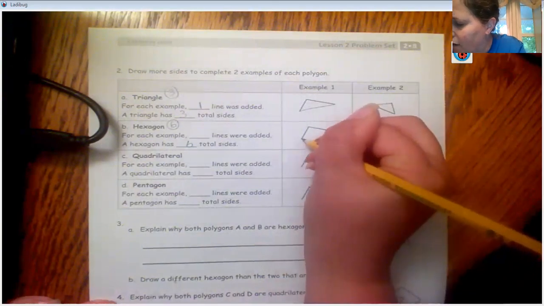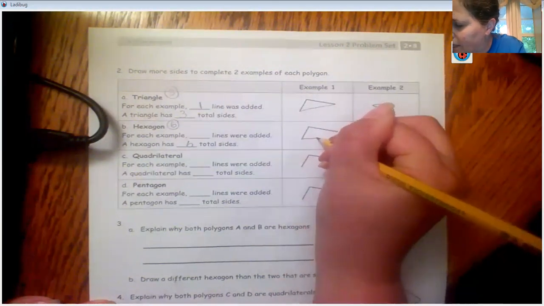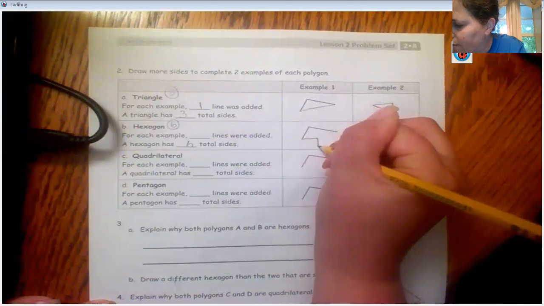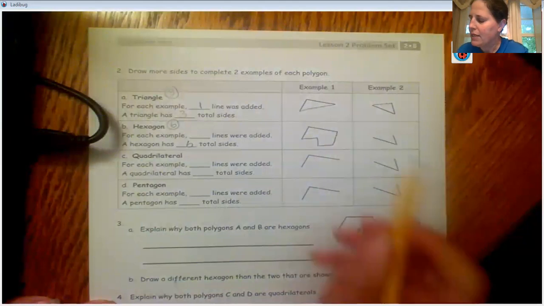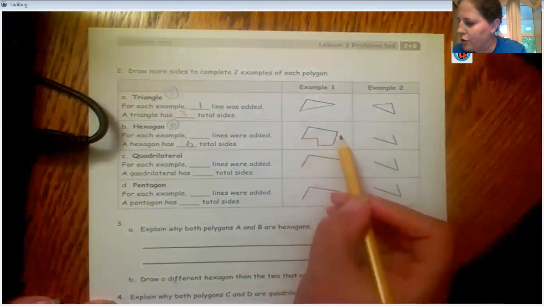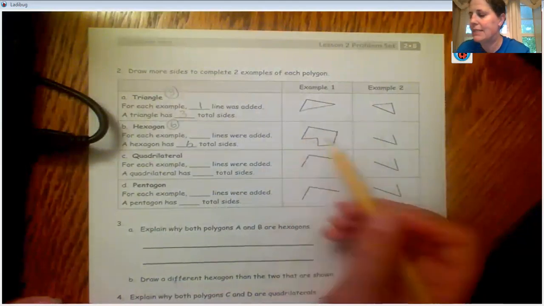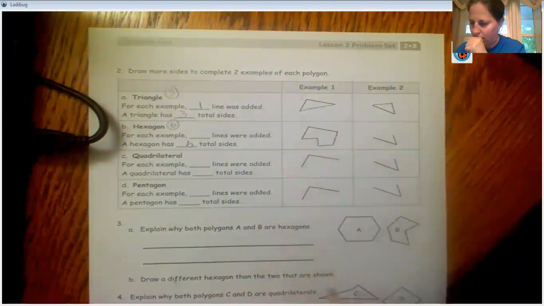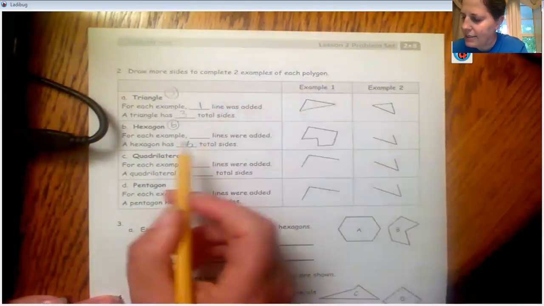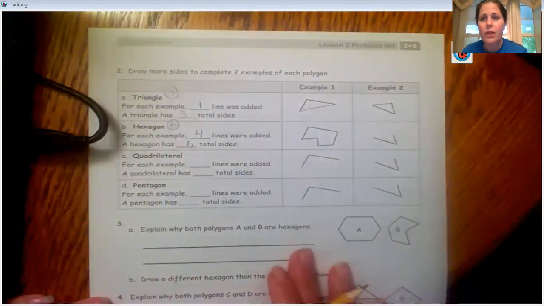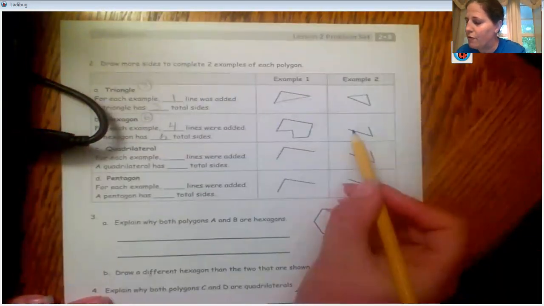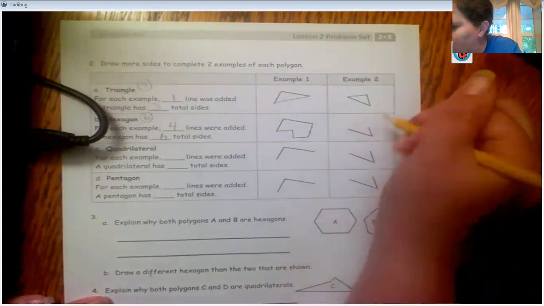So I might come out and do 1 side, 2, 3, 4. So now I have 1, 2, 3, 4, 5, 6 sides here. So I can go ahead and say for each example, 4 lines were added, but I still need to come over to this one and add 4 lines.